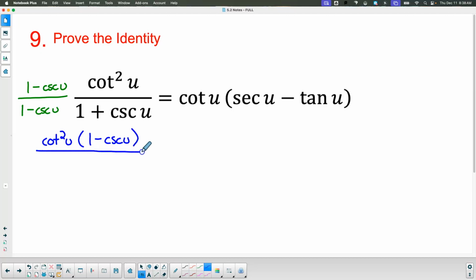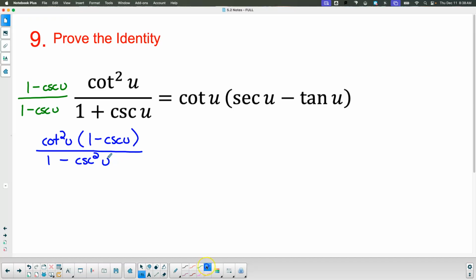On the bottom I get 1 minus cosecant squared. Agree with me on that? Okay. Do I have an identity for cosecant squared? 1 plus cotangent squared? Okay.